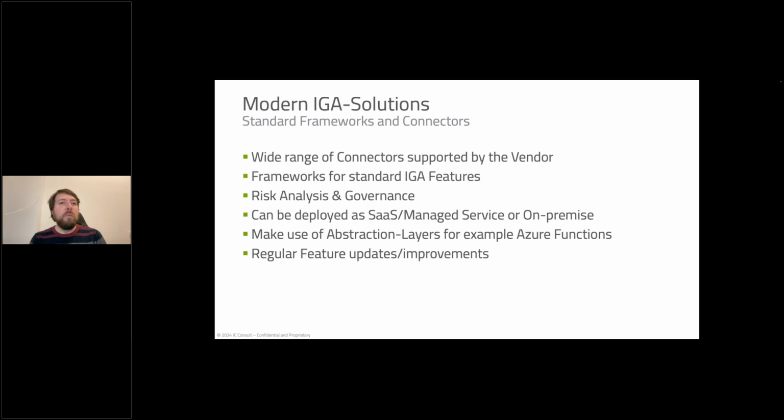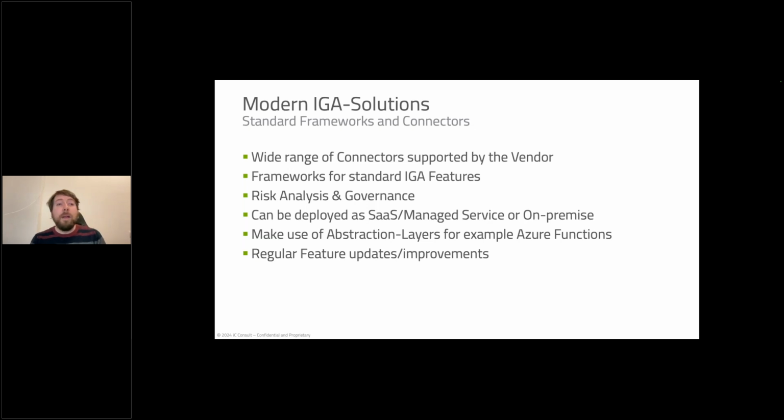So with a new modern IGA solution, I'm just going to quickly go down here. You get a wide range of connectors supported by the vendor. So most of the vendors, if not all, they support SAP systems. But then with the new cloud SAP systems, already you have to check which vendor is then natively supporting this.